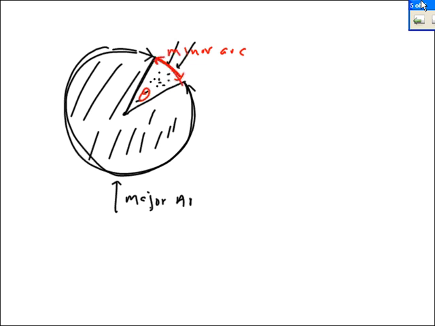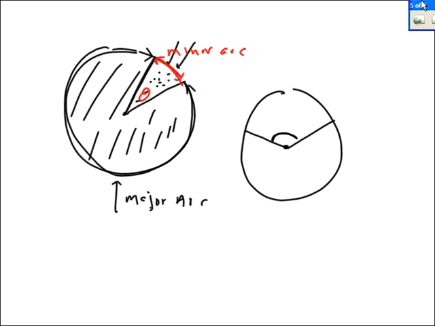If you have this circle, and that's the center, you have this nice big angle here. Still, this angle is smaller than that angle underneath. So we call this the minor arc.